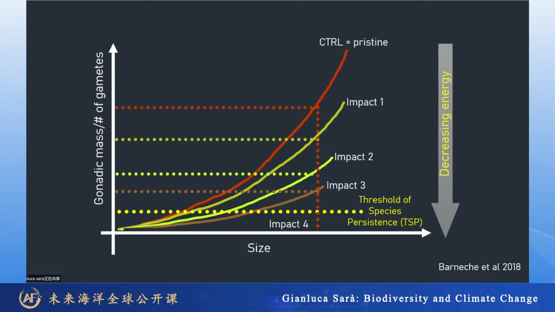Indirectly, the increase in temperature affects the time the larvae spend in the plankton, and then you cover a shorter distance with respect to normal conditions. And then you have a lower number of eggs covering a shorter distance.